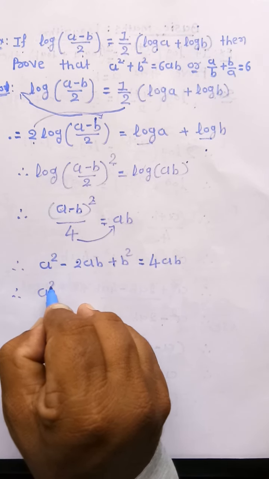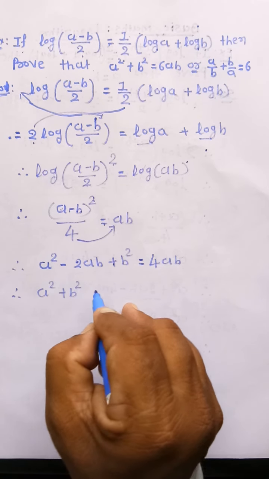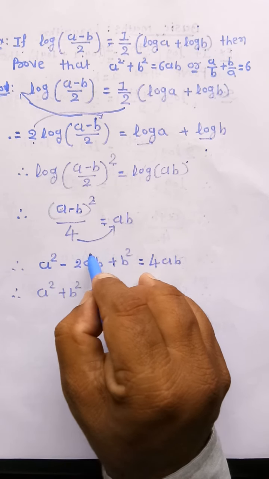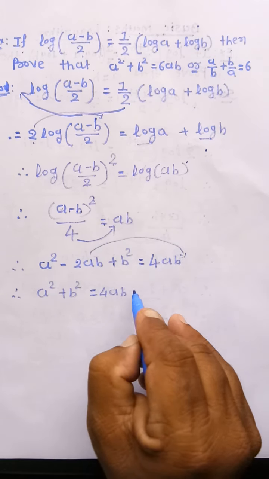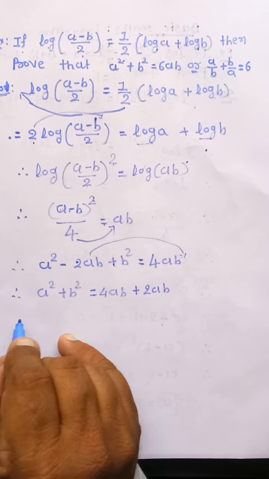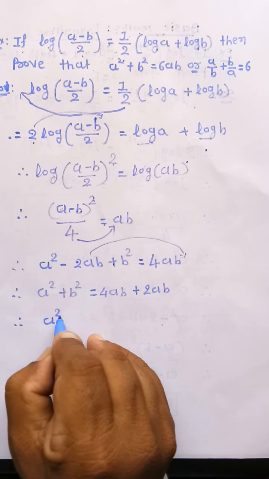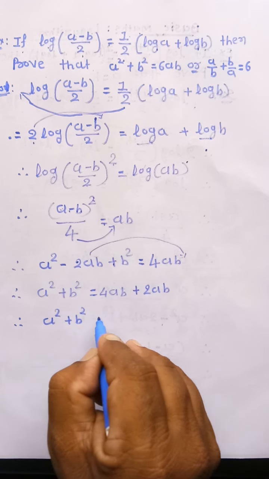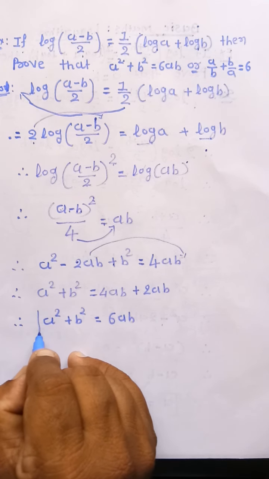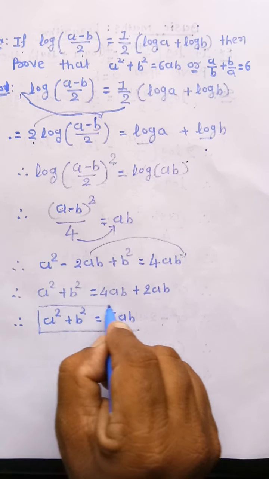So a square plus b square is equal to 4ab, and minus 2ab on the other side is plus 2ab. So a square plus b square is equal to 4 plus 2, 6ab. That is one result proved.